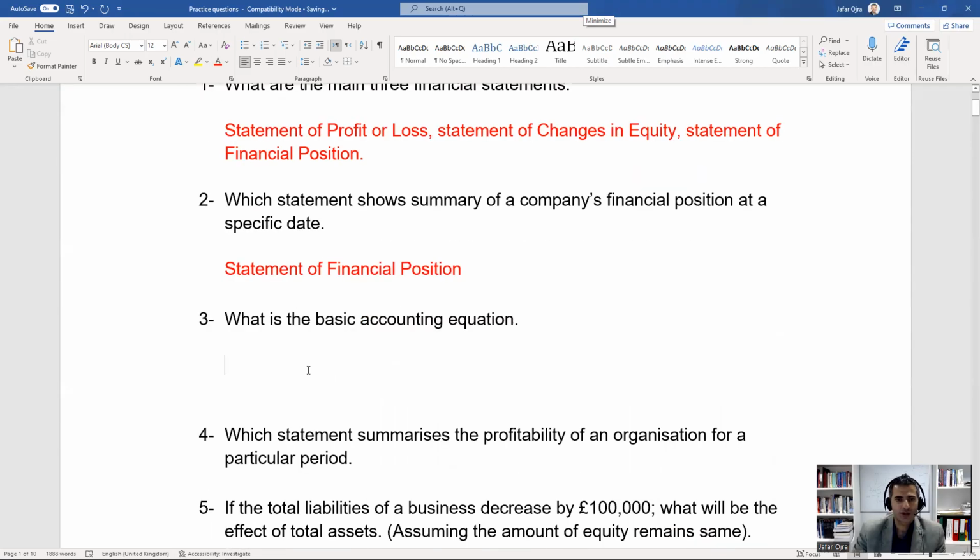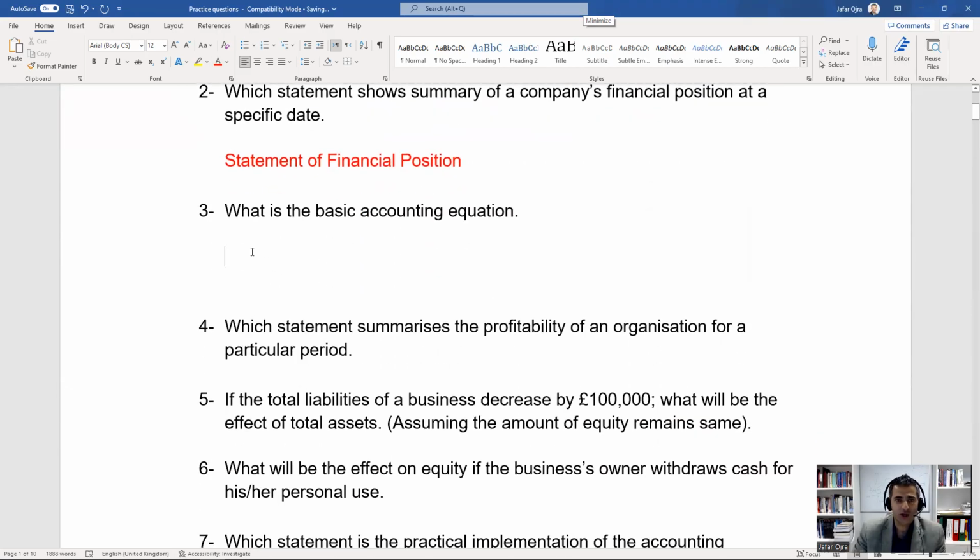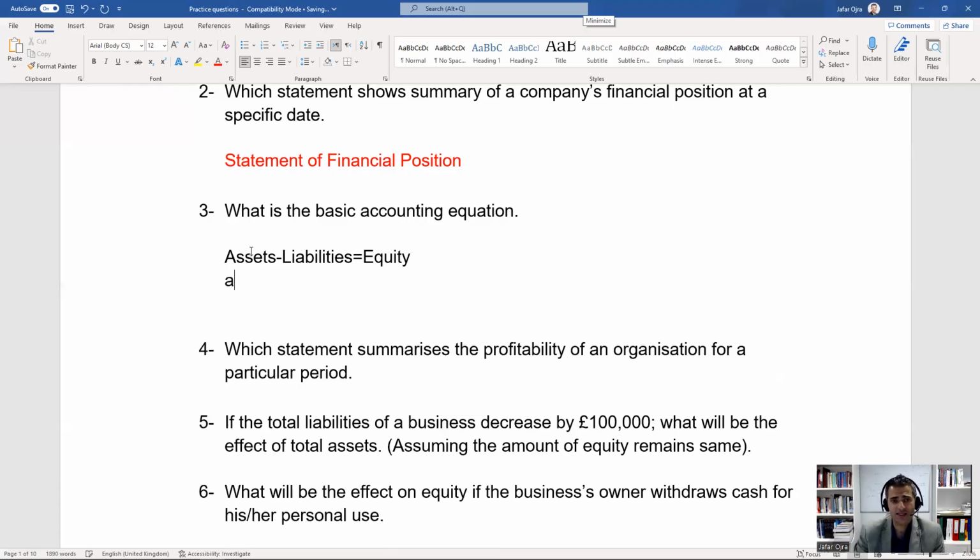Right. Question number 3. What is the basic accounting equation? So the accounting equation has 2 versions: assets minus liabilities equal equity, or another version, assets equal liabilities plus equity.